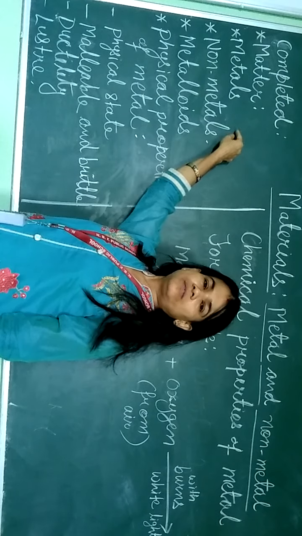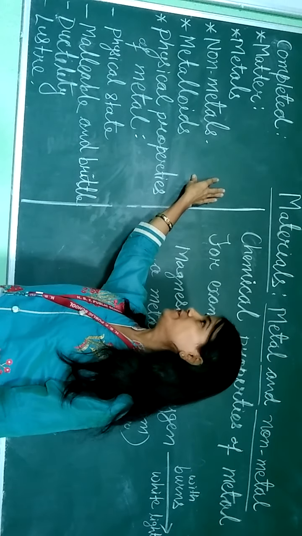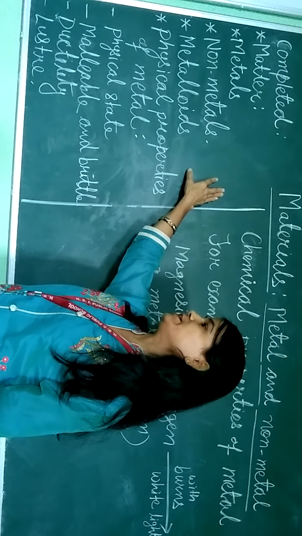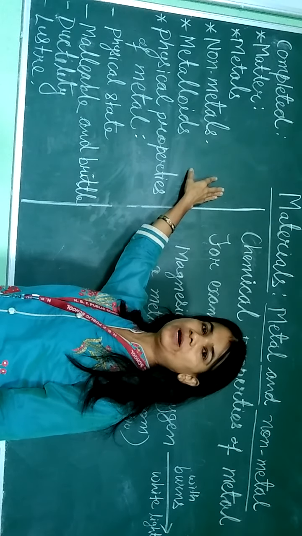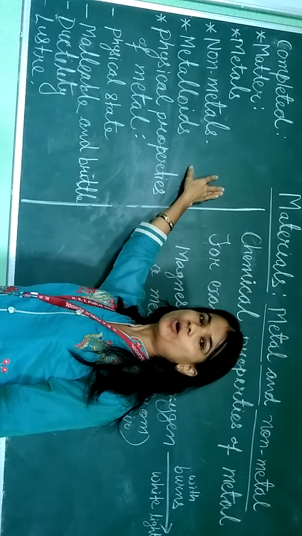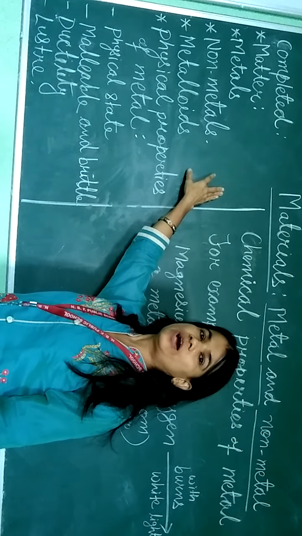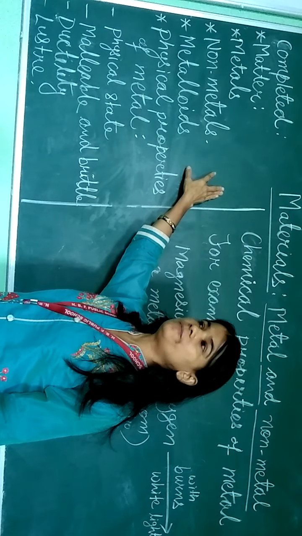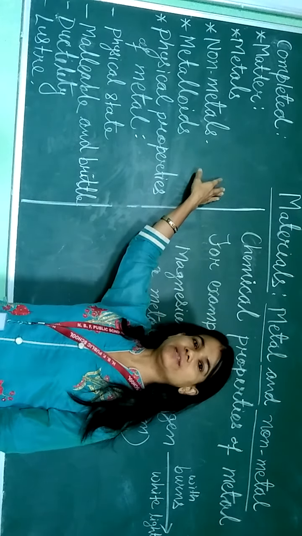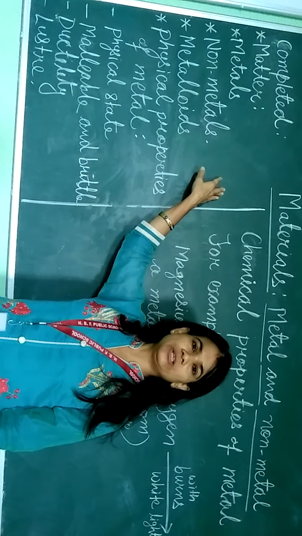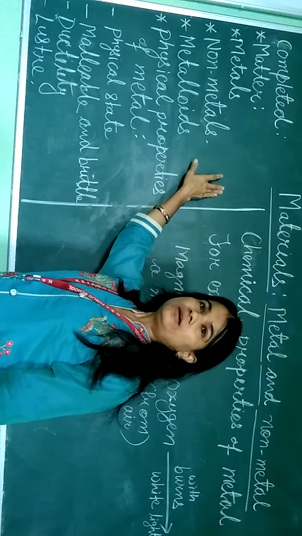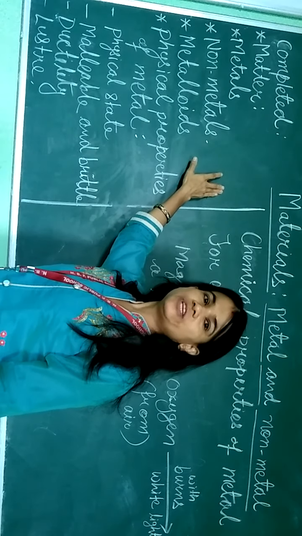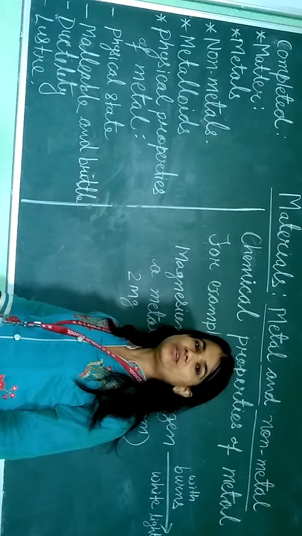Metals have many physical properties. According to the physical properties, we can identify which objects are metals, which are non-metals and which are metalloids. In nature, there are lots of substances.